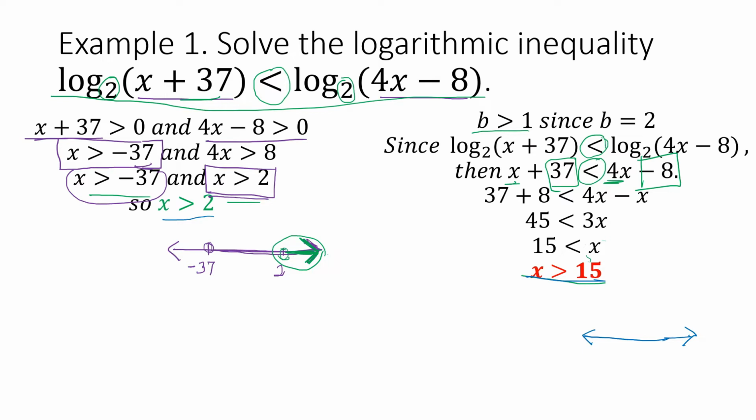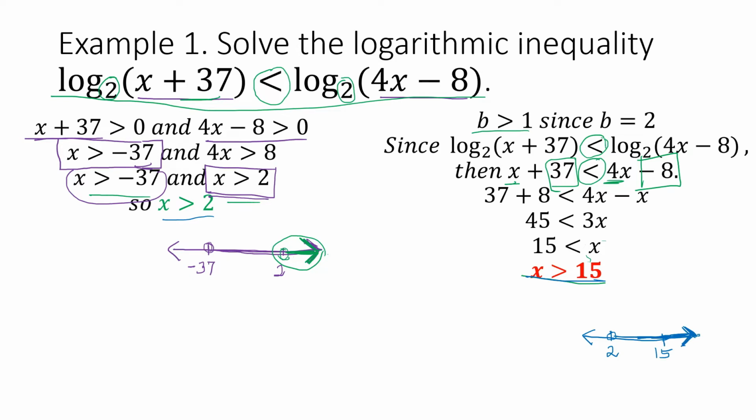Two is less than 15, then 2 will be to the left of 15. The first inequality tells us that x is greater than 2. So all numbers to the right of 2, but not exactly 2. So again, we'll have an open circle, and then all these numbers to its right, plus the arrow.